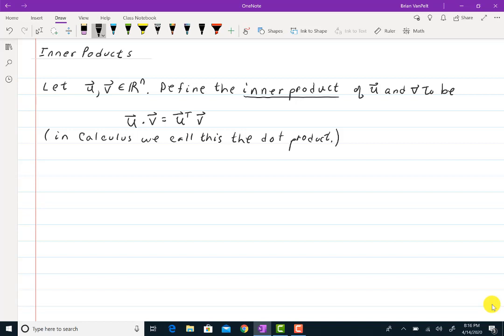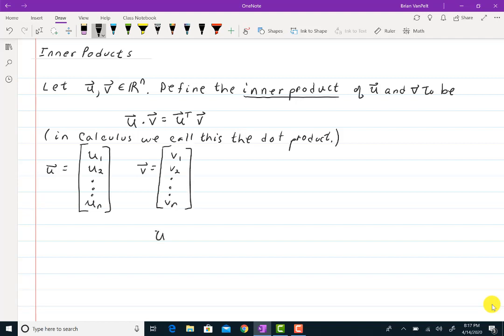So anyways, let's let U equal U1, U2, up to Un, and V equals V1, V2, up to Vn.